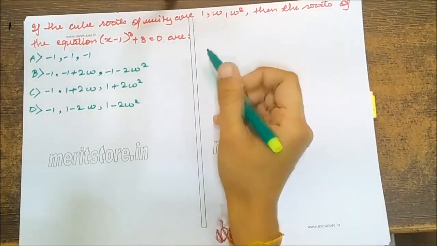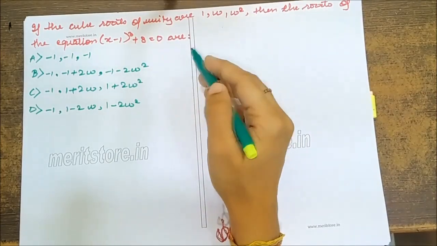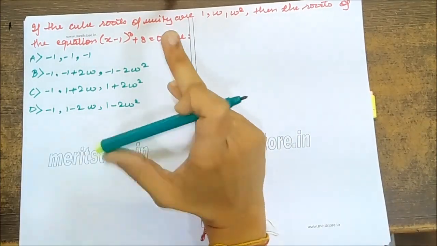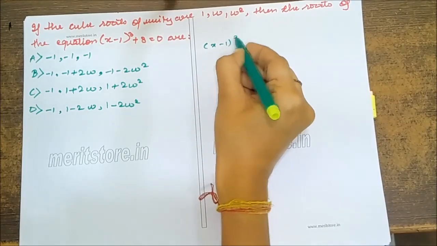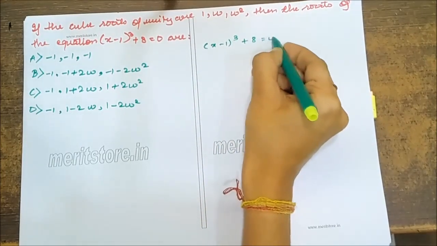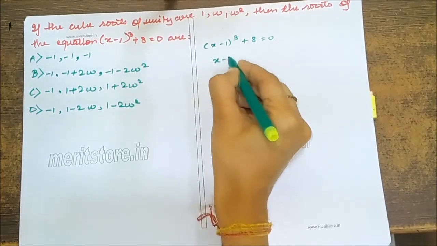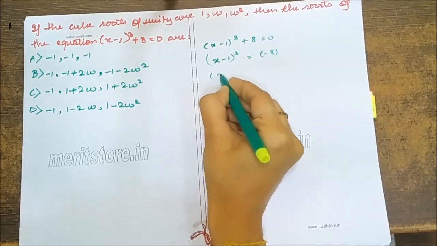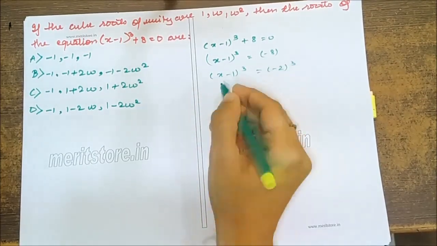If the cube roots of unity are 1, omega and omega square, then the roots are of the equation x minus 1 cube plus 8 equal to 0. Solving the equation, x minus 1 cube plus 8 is equal to 0. That is x minus 1 the whole cube is equal to minus 8. That is x minus 1 the whole cube is equal to minus 2 cube.